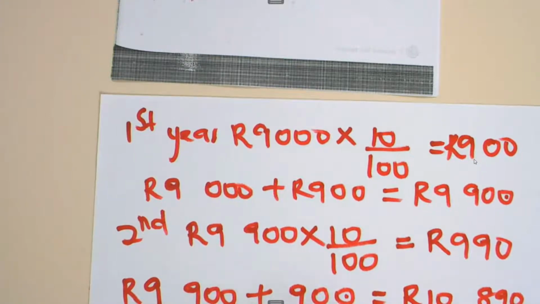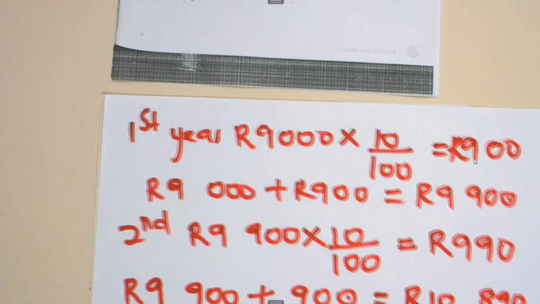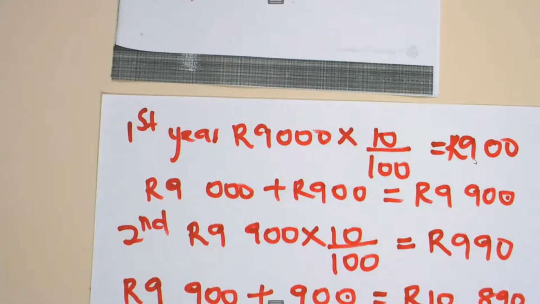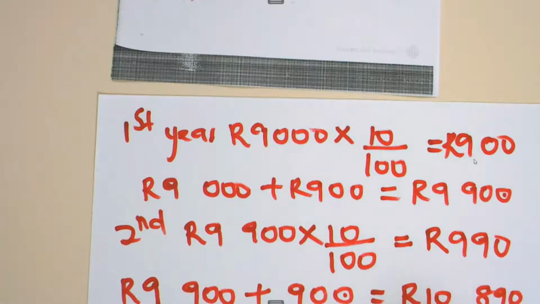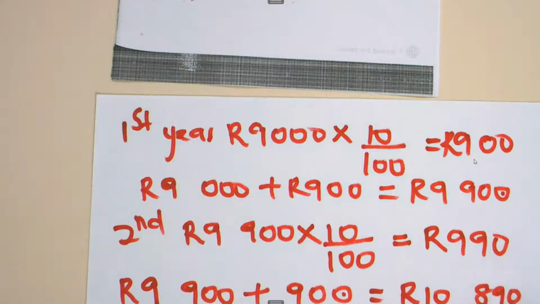So when we add 10,890 with 1,089, we are going to have 11,979, because now we are in year number 3. And then we move on to year number 4.